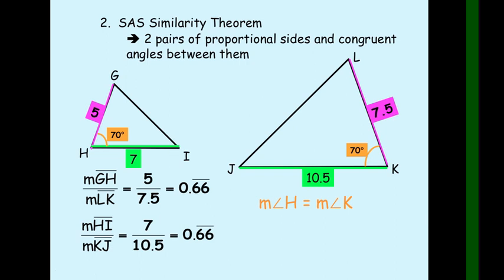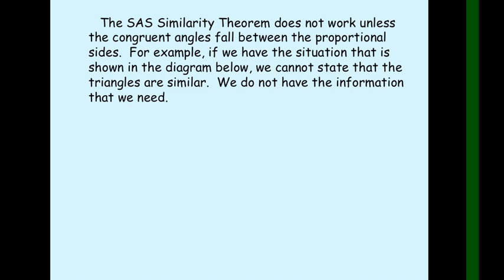So, since napatunayan natin na yung two sides are similar, when you say similar, they are proportional, and one angle of each triangle are also congruent. Therefore, we can conclude that the triangle GHI is similar to triangle LKJ. Okay? So, ganun siya, no? So, that's it for SAS.